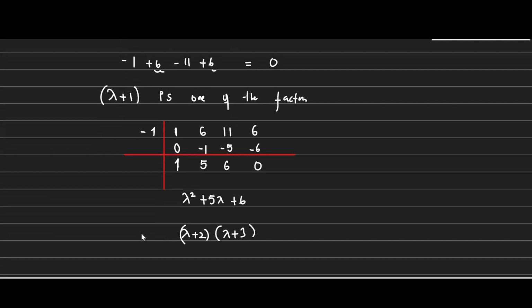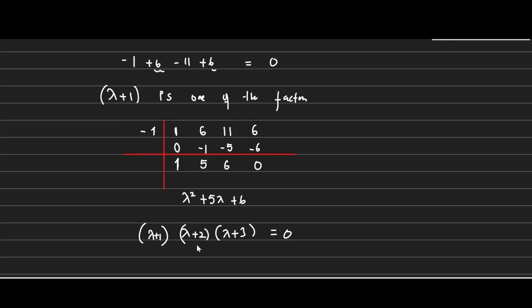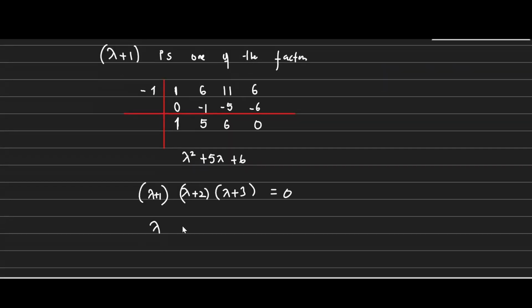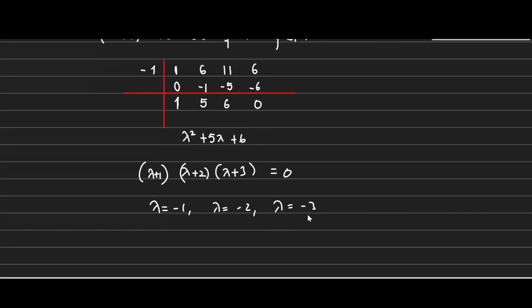So the complete factorization of this polynomial is lambda plus 1, lambda plus 2, and lambda plus 3 equal to 0. The values of lambda are negative 1, negative 2, and negative 3.